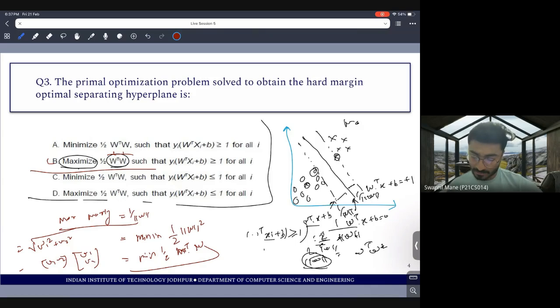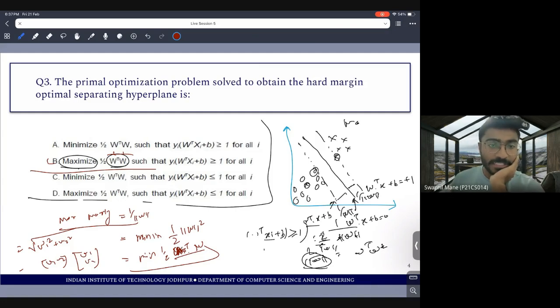But in our task we have inverted it, and it is 1 divided by 2 into the magnitude squared. That magnitude square we have written as W transpose into W.